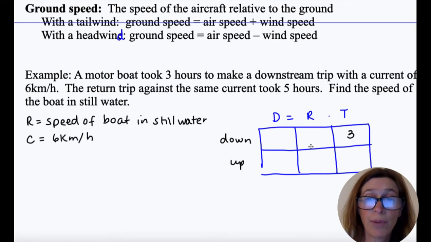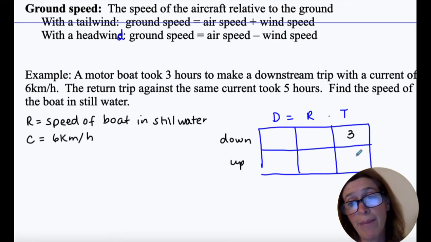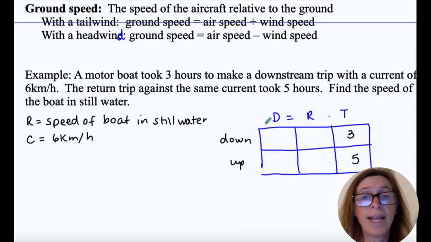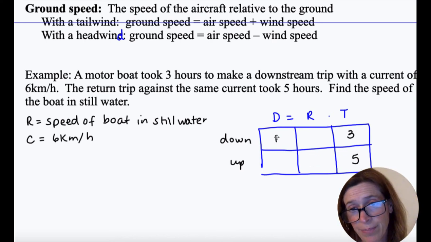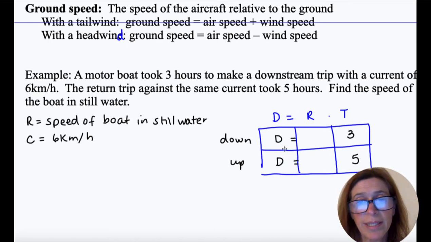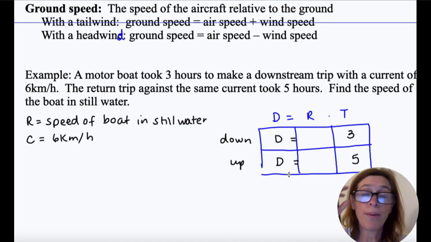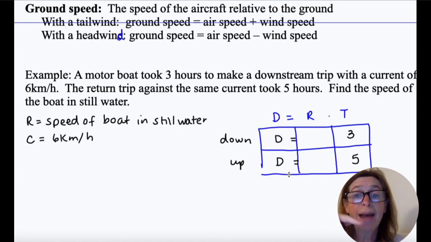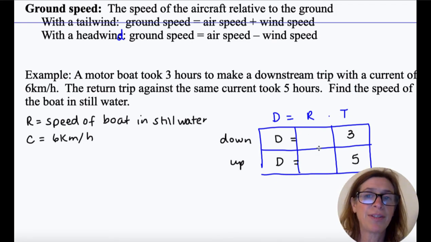And our time we have for there is 3 and back is 5. All right, and D is unknown to us. Okay, so let's call this maybe D1 and D2 if you want to think about it. All right, but we do know that if I go up and back, the distances are going to be equal to each other.